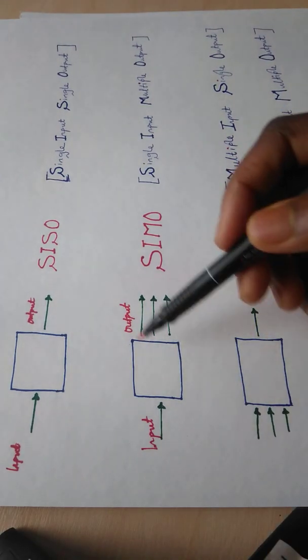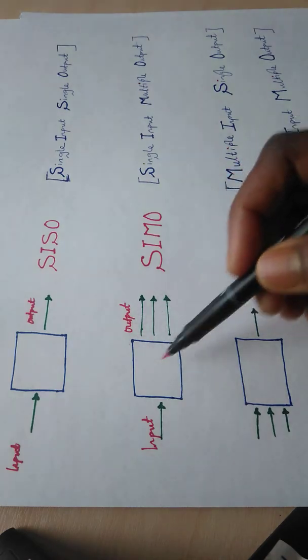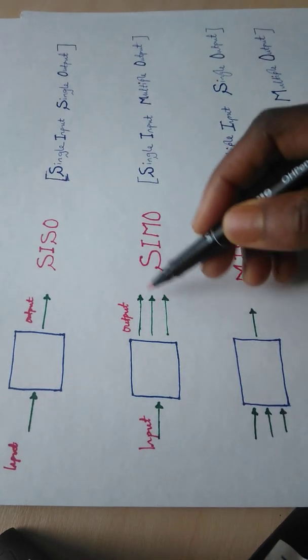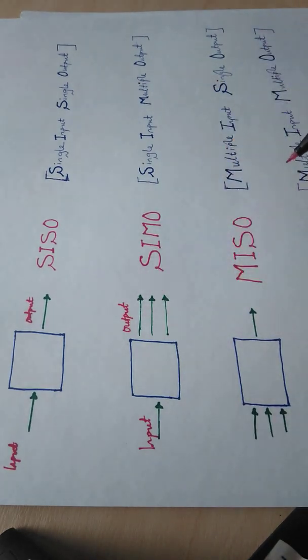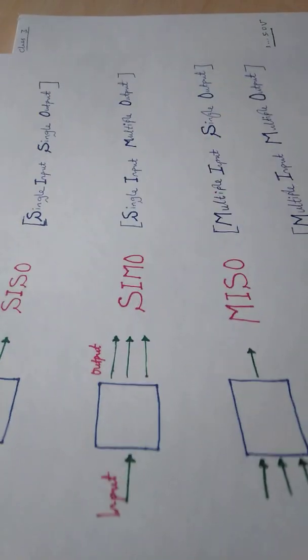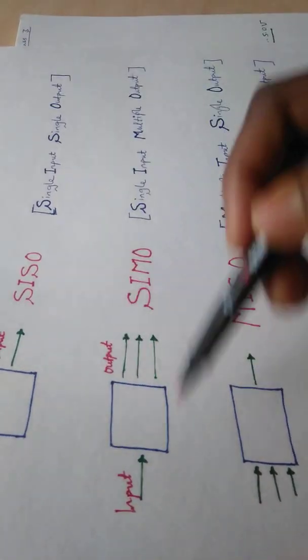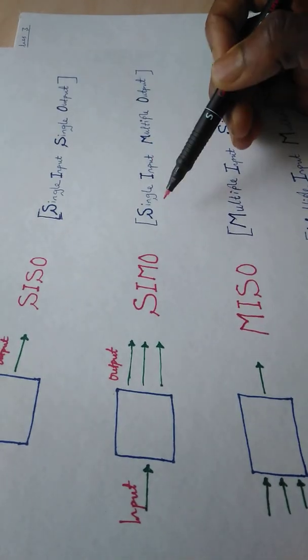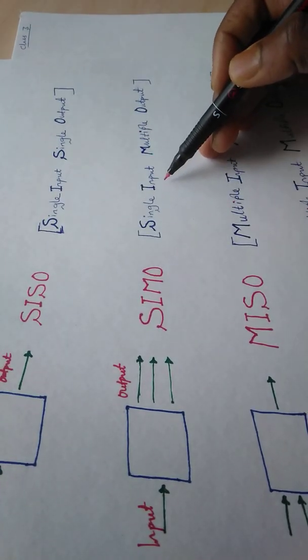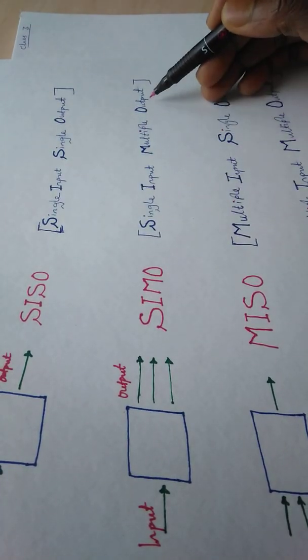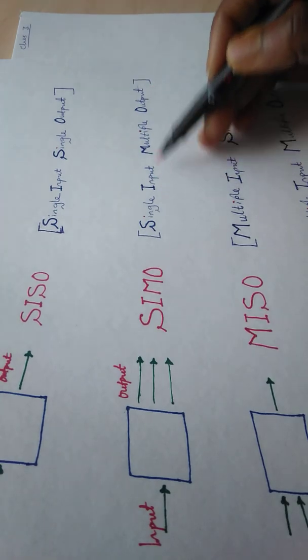So this is a black box, and some things will happen in the system, and then we have a lot of outputs, right? So in this particular situation, if we have a system that is behaving in this way, we could call it a single input and multiple output system.